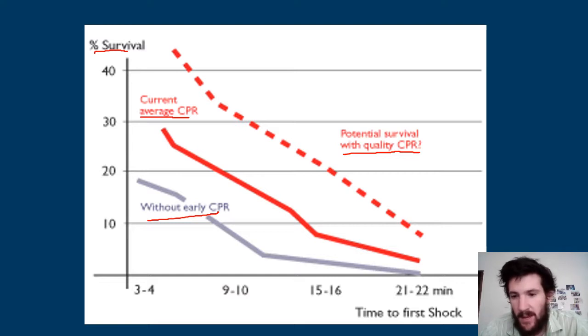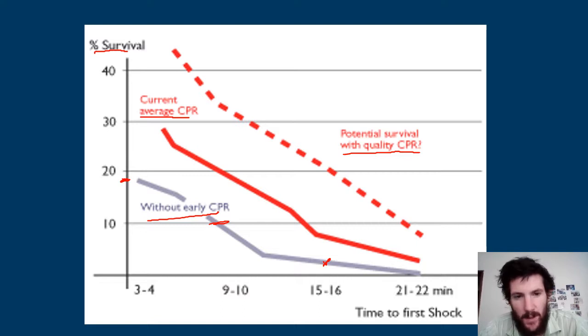Maybe it's a patient that had a sudden cardiac arrest in some place where no one was looking at him, so no one can help him and he continues without CPR. So the survival starts at 20%. After 9-10 minutes it is 10%, and after 15 minutes the survival is almost 0.